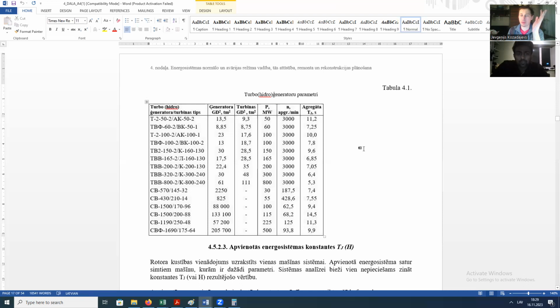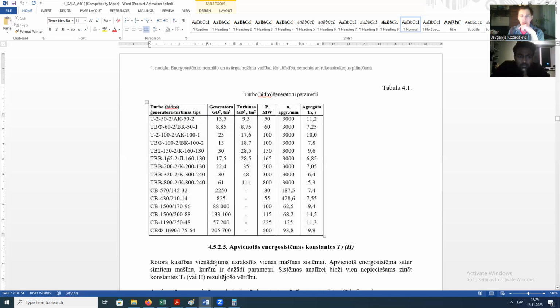So it means that all of them have turbines made in Russia. And for the new reconstruction, till the last years, all the reconstruction was made by Russians as well, because all of these power plants were developed in Russia, and all these units, aggregators, and so on were made in Russia.